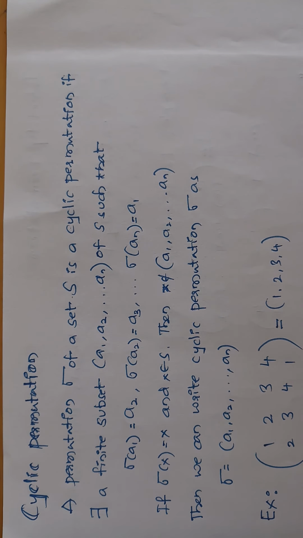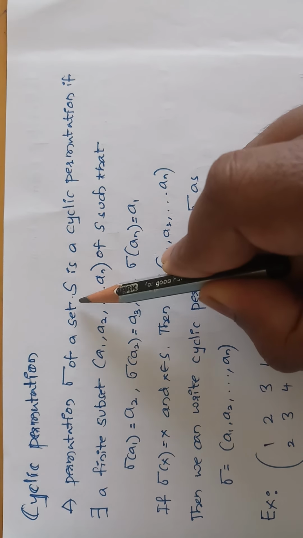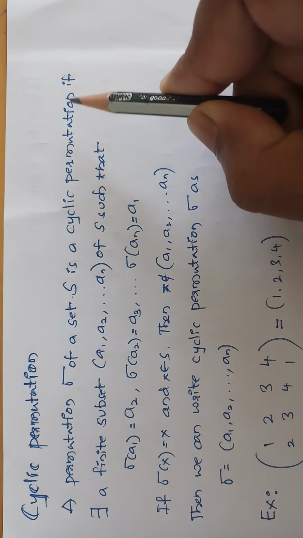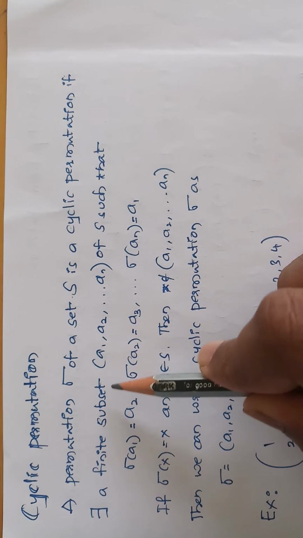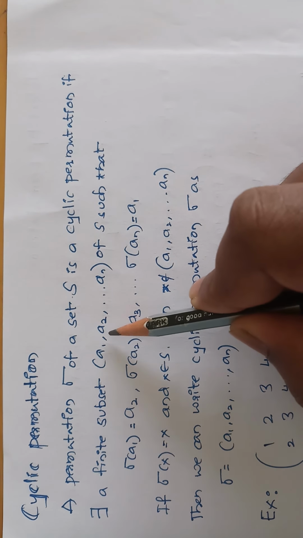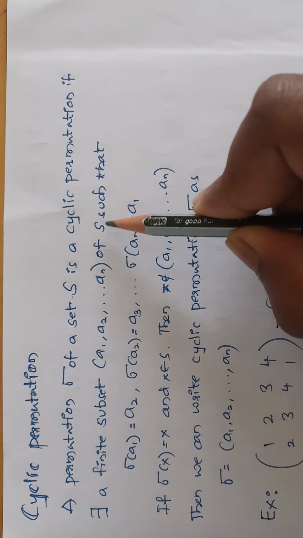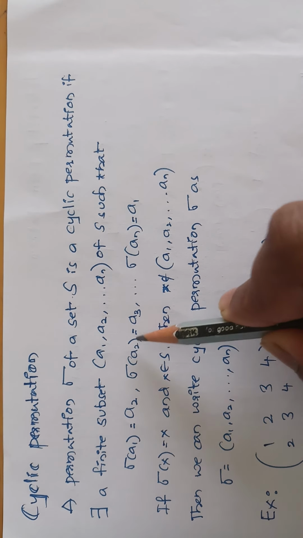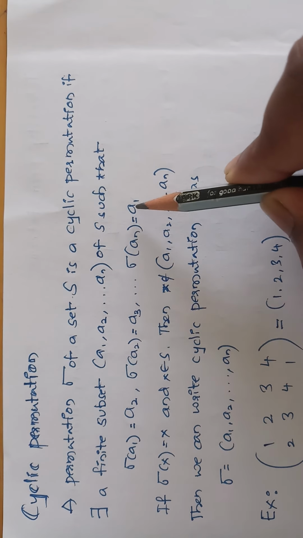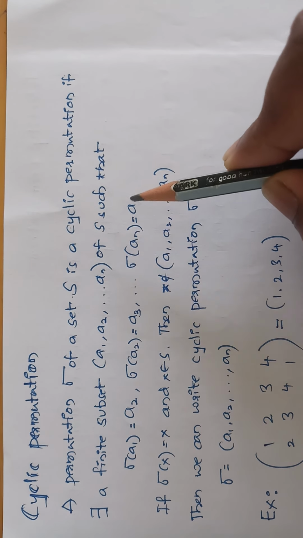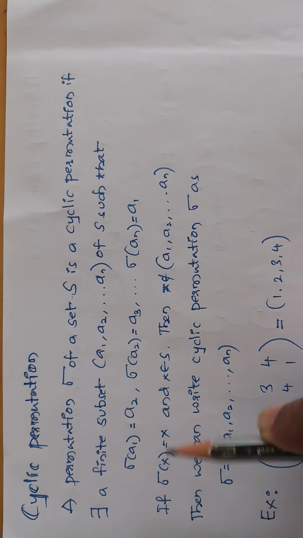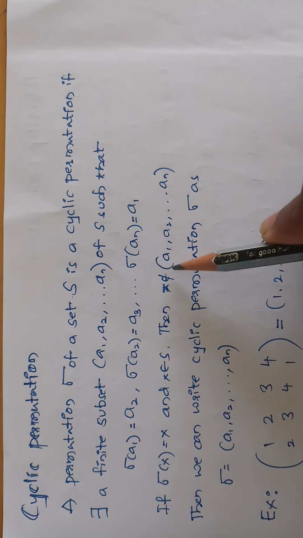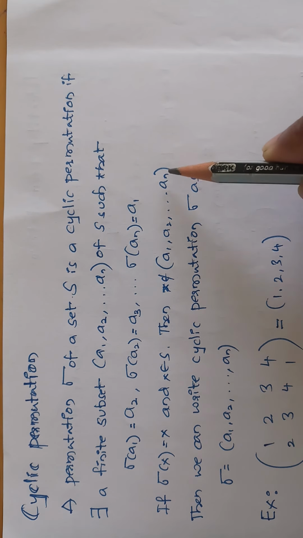A permutation gamma of set S is a cyclic permutation if there exists a finite subset a1, a2, ..., an of S such that gamma of a1 is equal to a2, gamma of a2 is equal to a3, and gamma of an is equal to a1. Also, gamma of x is equal to x for all x belonging to S and x not belonging to a1, a2, ..., an.